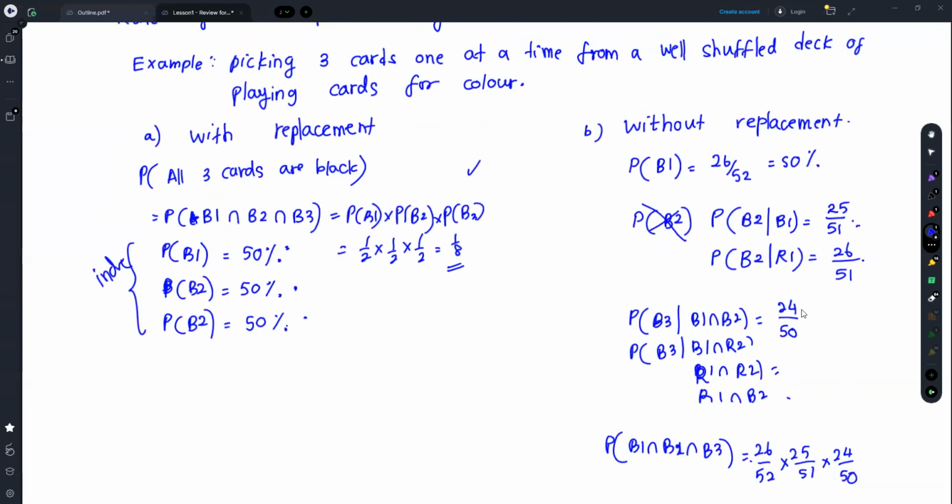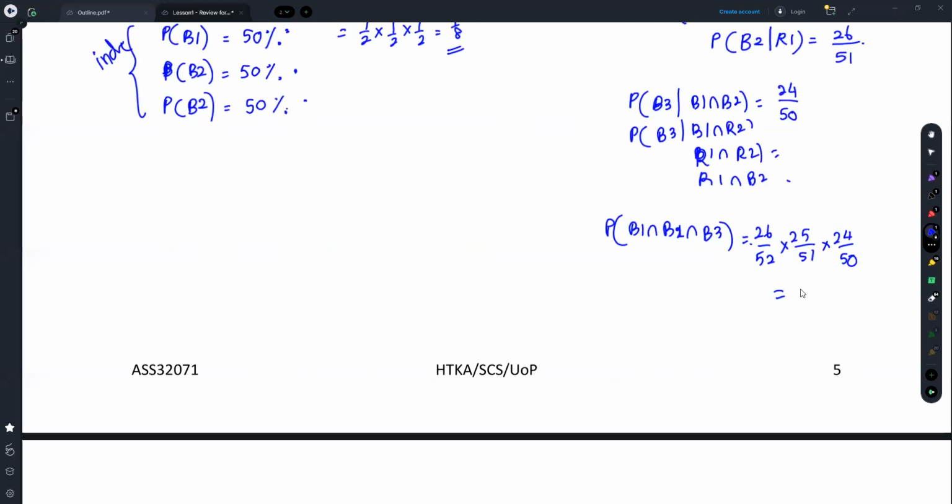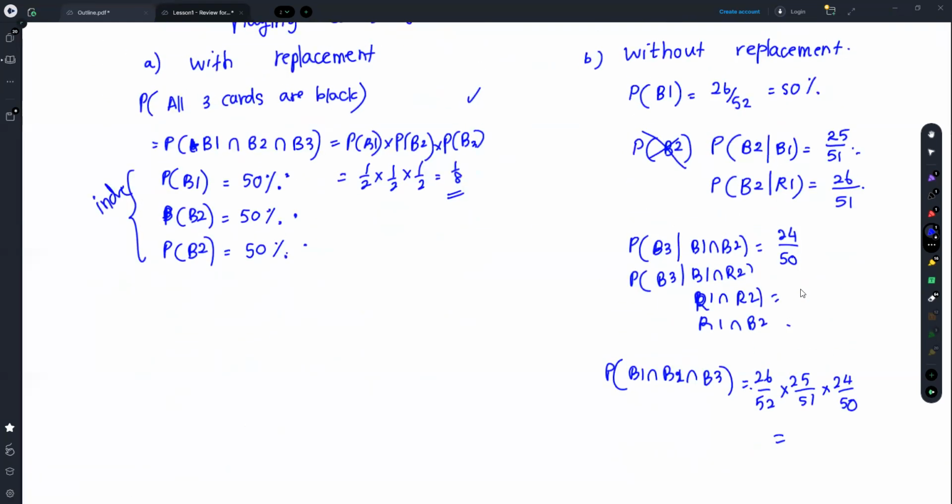So Bayes' theorem is somewhere in between them, in these calculations and also the independence, right? Okay, so that is how the conditional probability will work if the events are dependent. Okay, right.